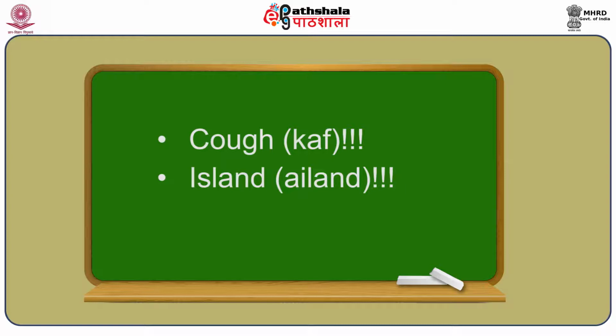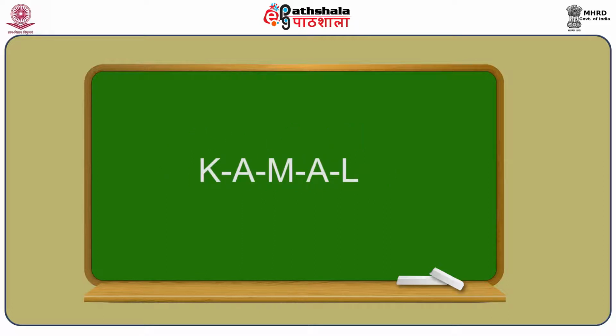And look at the second word, island. What happened to the S there? It becomes I. Again it shows that the relationship between the alphabet and the sound is not a one-to-one relationship.